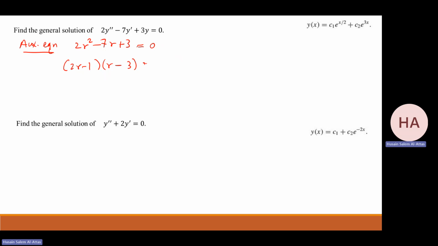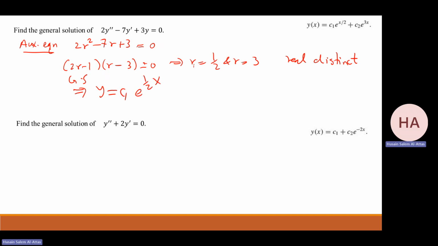So I have r equals one half and r equals 3. So they are real and distinct. Right away, my general solution is y equals c1 e to the power half x, the first r1, plus c2 e to the 3x, which is r2.